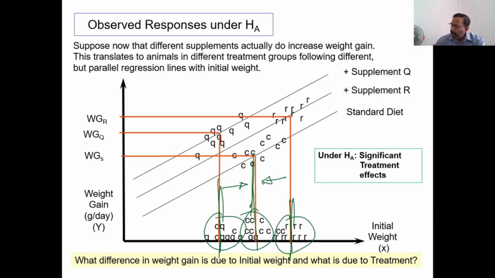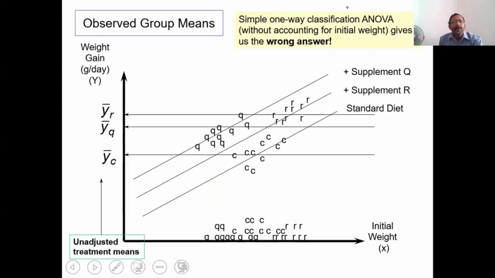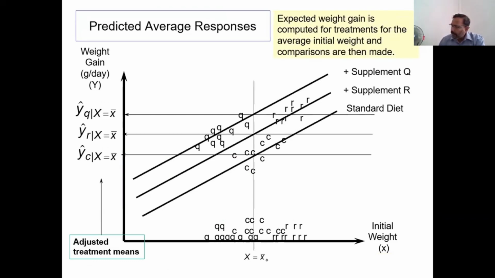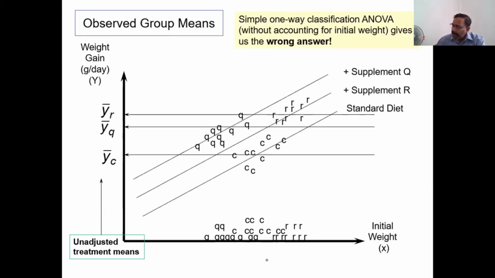So that is the basis of this ANOVA. Now we are comparing observed group means in a simple ANOVA that we did early, the CRD. Can you remember? If we had done it in CRD, this is my result. We didn't consider the initial weight here. We don't care about it. So we get the results.